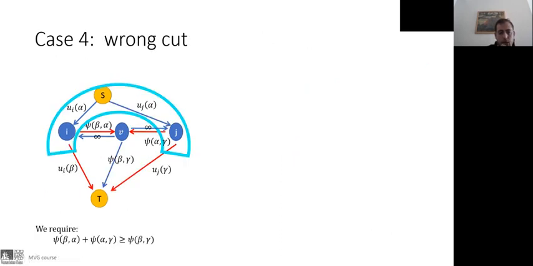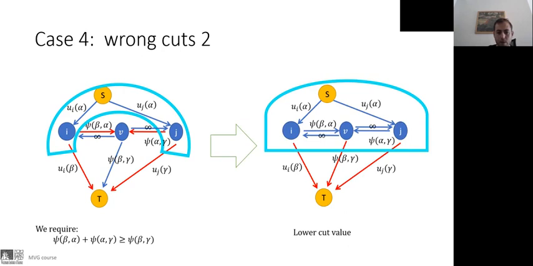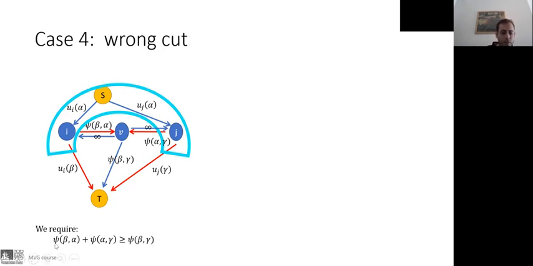Another important thing is that we don't want this cut to be selected because it gives us a non-reasonable cost value: U_I beta, U_J gamma, and smoothness between beta and alpha and gamma, which is not a valid cost that we can really get. So we require that psi(beta, alpha) plus psi(alpha, gamma) is larger or equal to psi(beta, gamma).